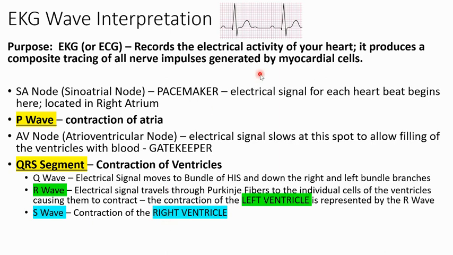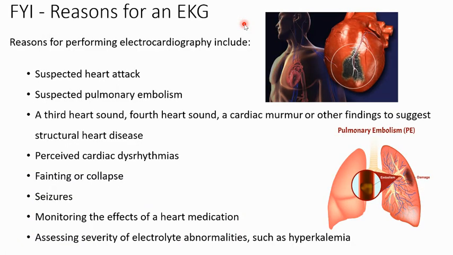And you can see right here, because this low part is the Q, then way up top is R, and then way down here is S. So time-wise, we're not talking about a big difference at all when we're dealing with the electrical signal. And then the T wave, this piece right over here, that is the ventricles relaxing.